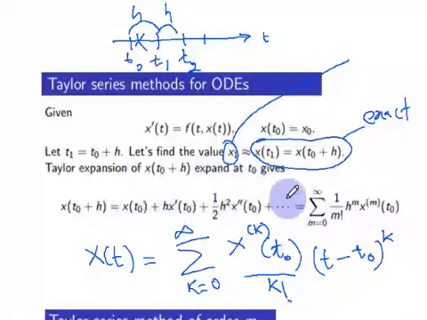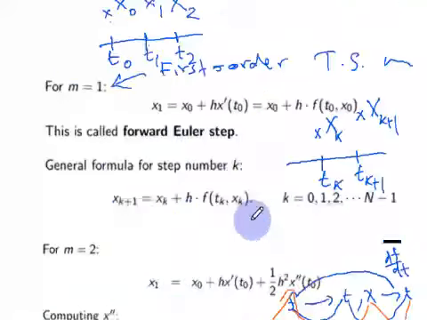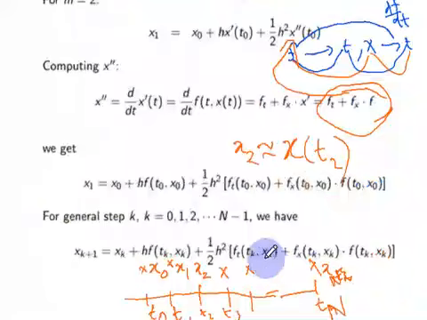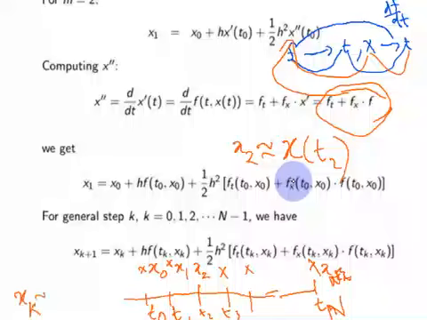So by considering the first four terms of the Taylor expansion, you get the third order Taylor series approximation. These are approximation values, right? Xk is an approximation value to x of tk. Right, hope you understood.